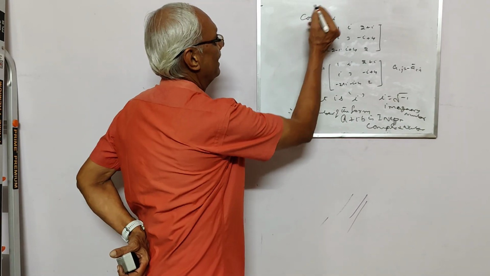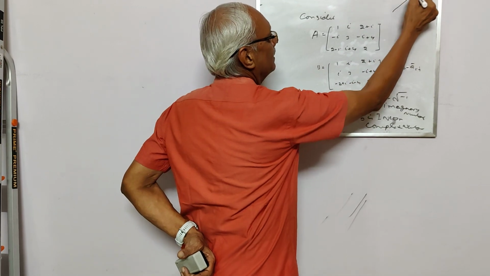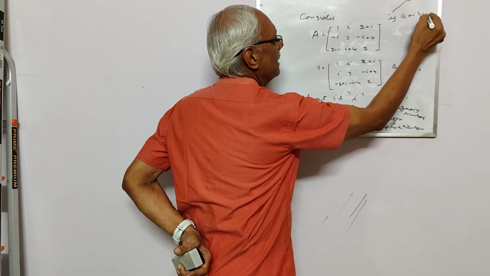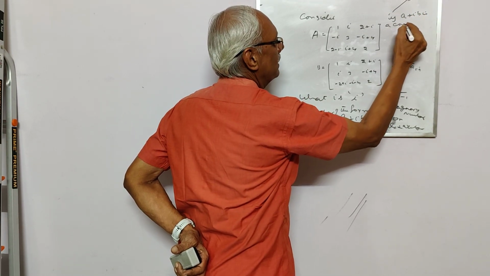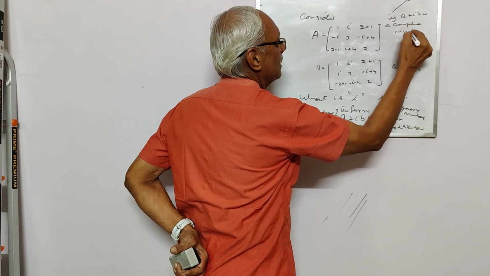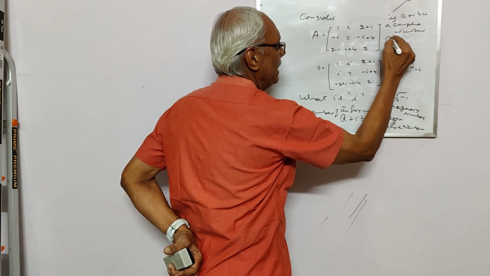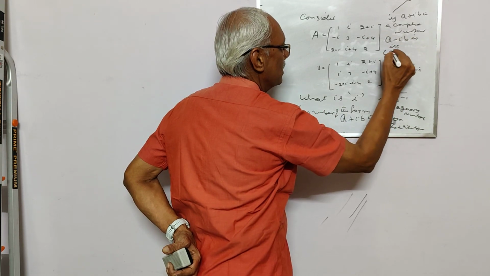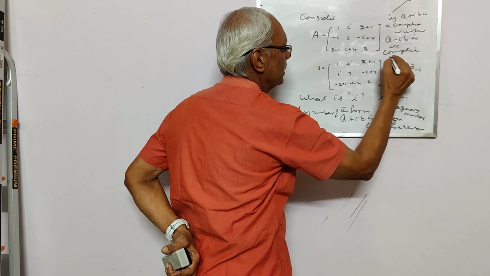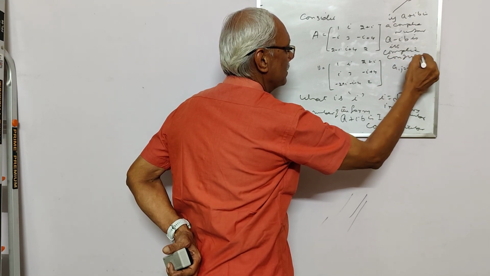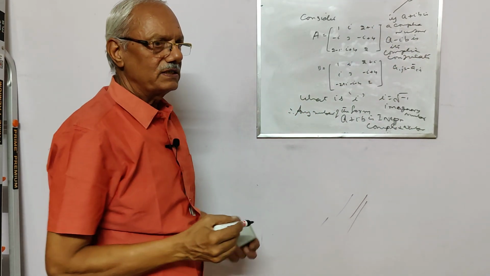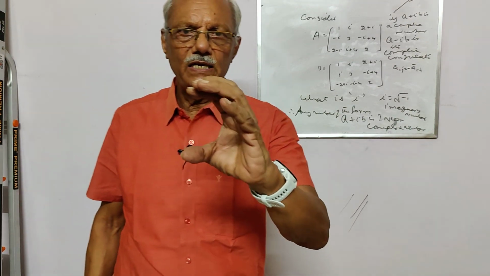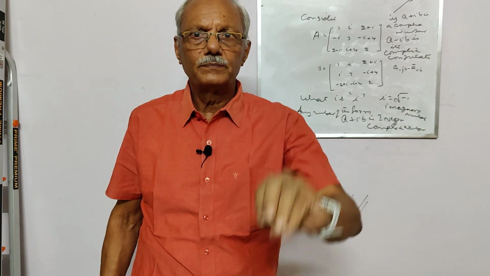And if a plus ib is a complex number, a minus ib is its complex conjugate. I am giving you an idea of what a complex number is.